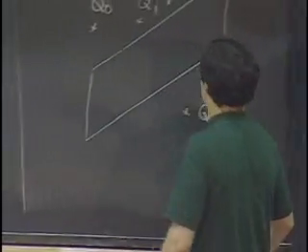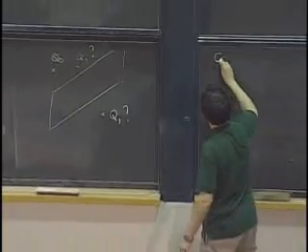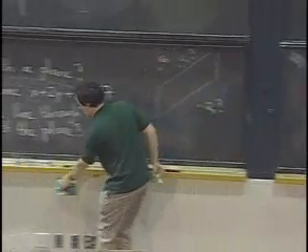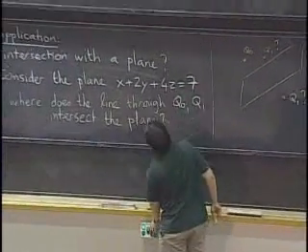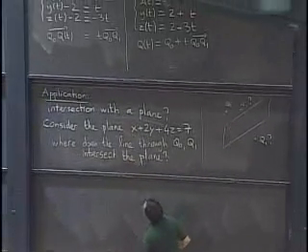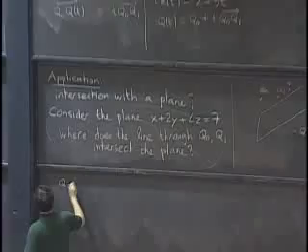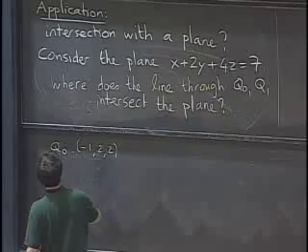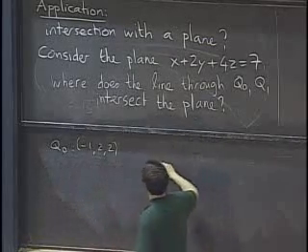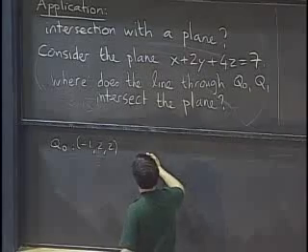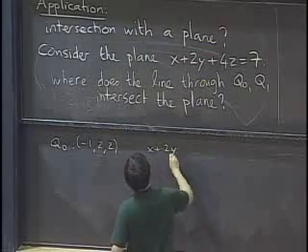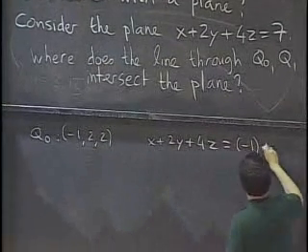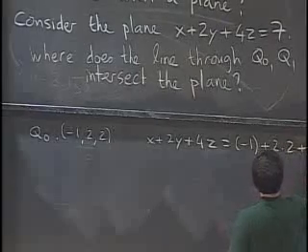Well, let's check. Okay, so let's look at the point. Sorry, I have one more blackboard to use here. So if I take the point Q0, which is at (-1, 2, 2), and plug that into the plane equation, x plus 2y plus 4z will equal -1 plus 2 times 2 plus 4 times 2.